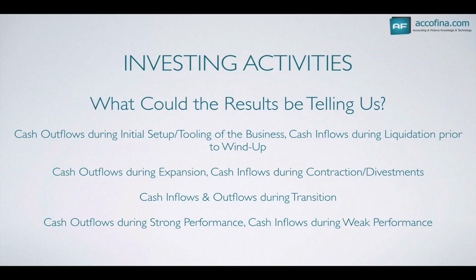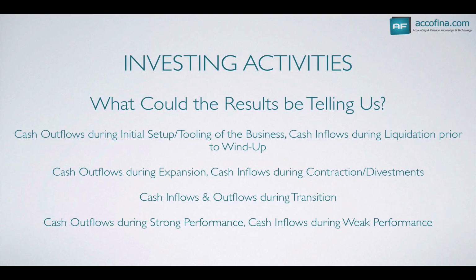And then there's the opposite, cash inflows during contraction or divestments. If a large business sells off a portion of its business to perhaps focus on its core activities, then as the long-term assets are sold, there'll be cash inflows when it divests of that part of the business. The third example we have here is cash inflows and outflows during transition.